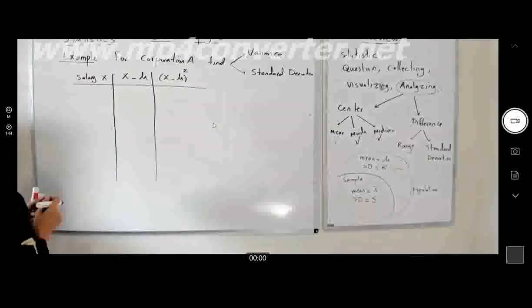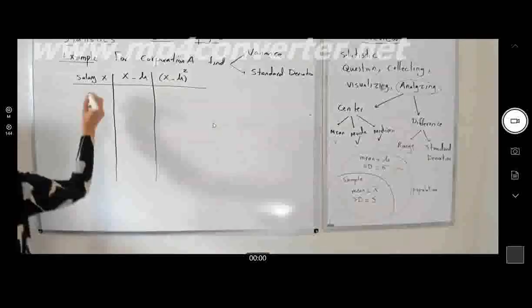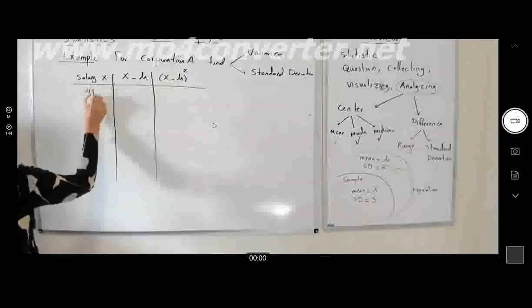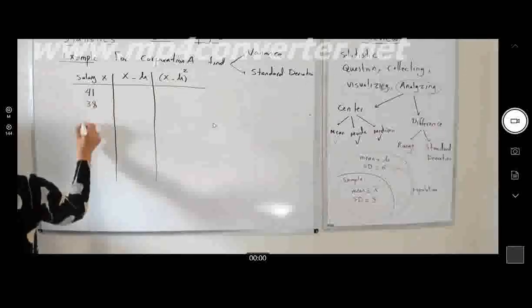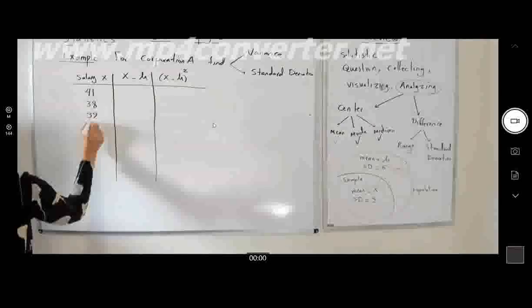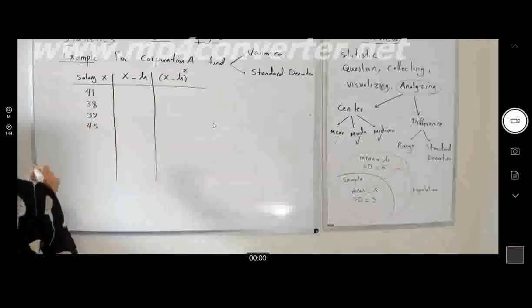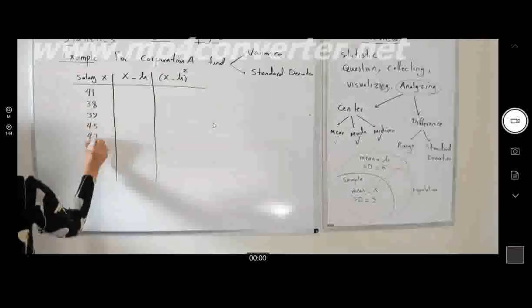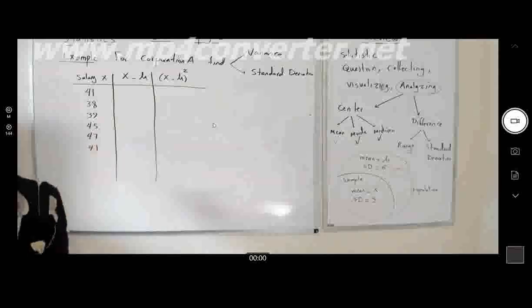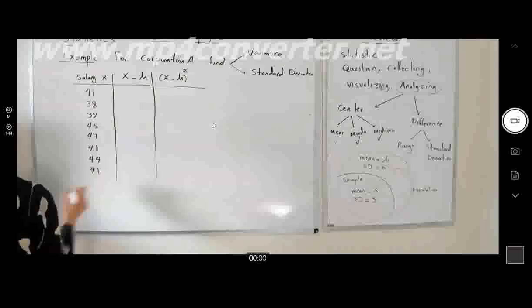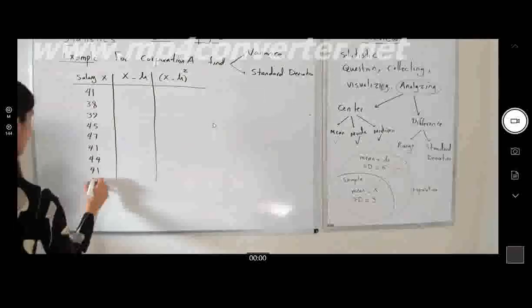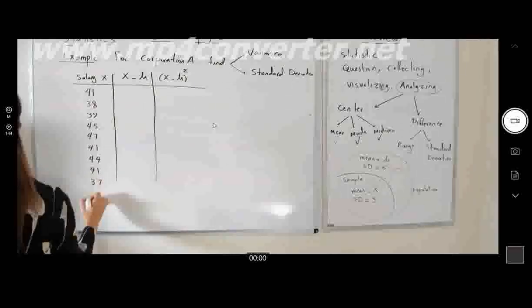Perfect. So the first salary, 41. The second salary, 38. Next salary, 39. Then 45, 47, 41, 44, 41, 37, and 42.